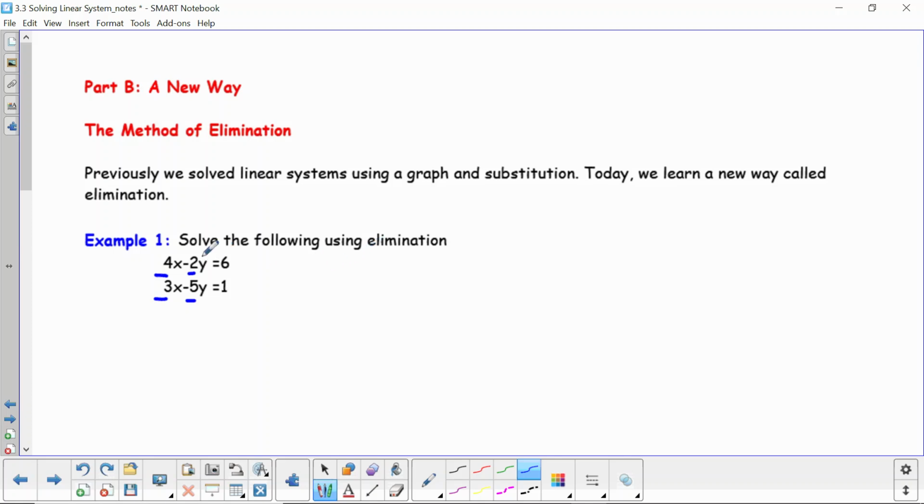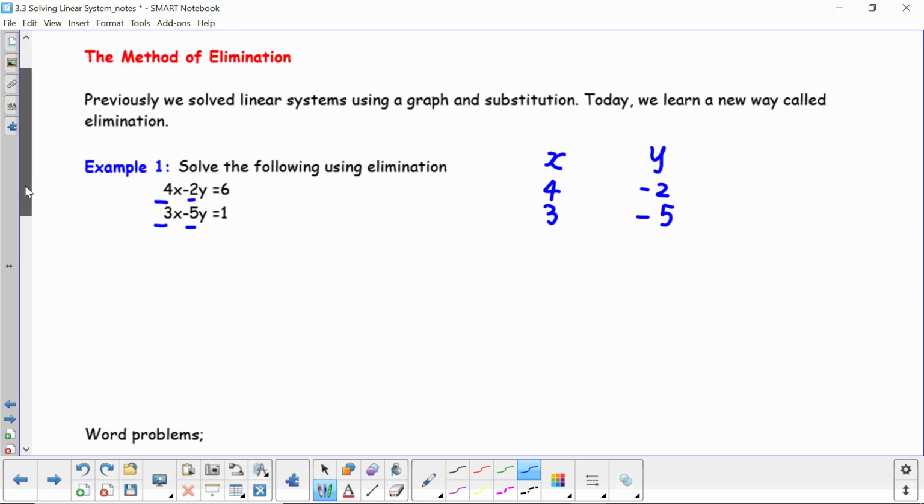So it doesn't matter which one you are going to solve, you may have fractions. The number in front of x is 4 and 3. The number in front of y is -2 and -5. So none of them are 1.